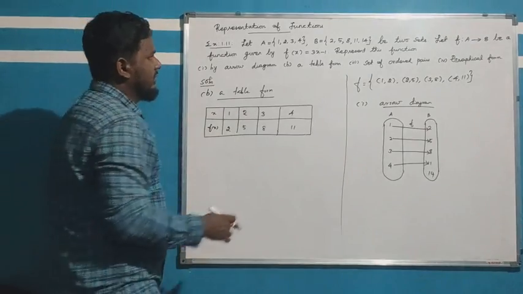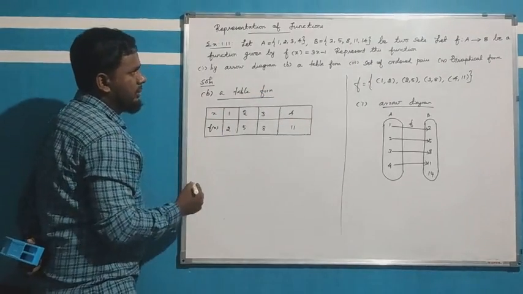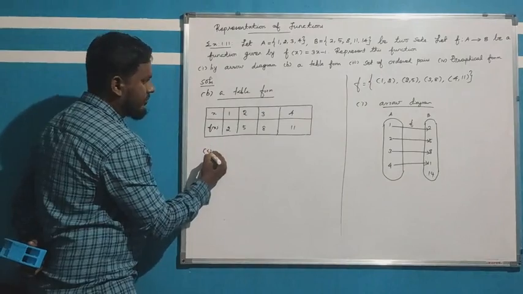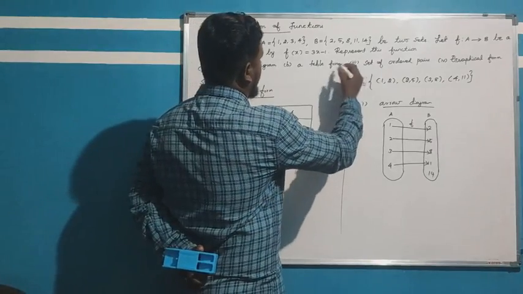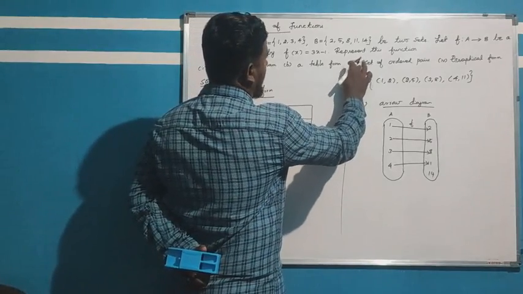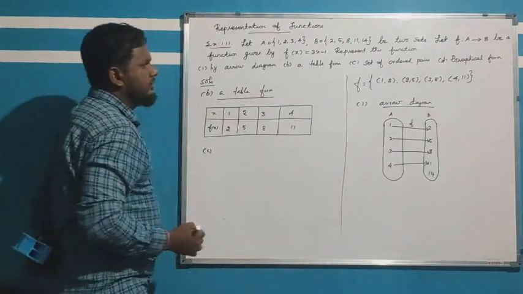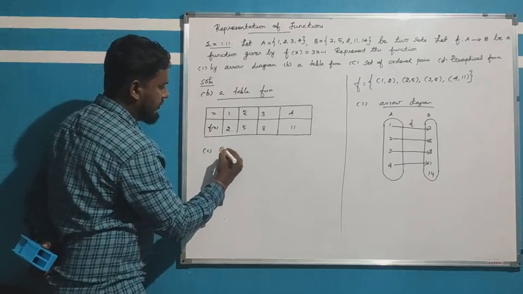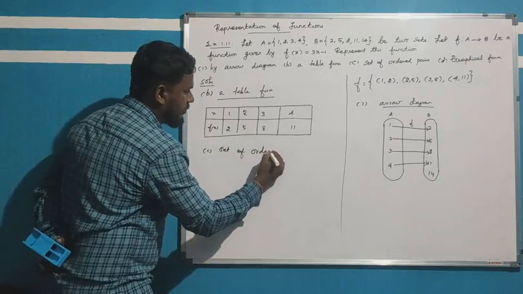Now, next you can find the set of ordered pairs.